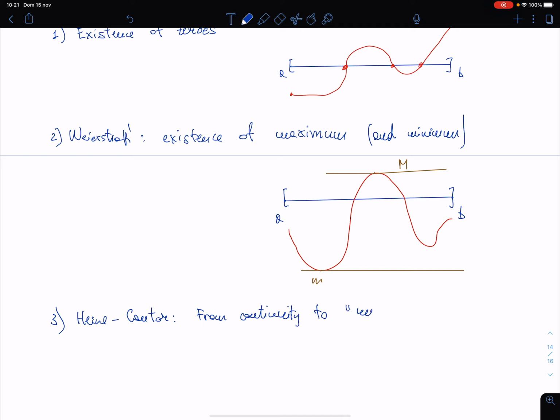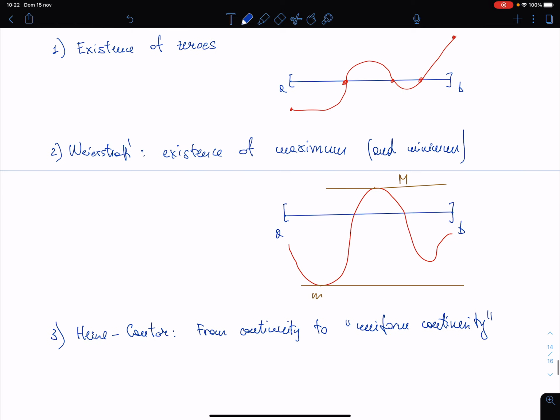What is uniform continuity? Of course, you don't know it. It is a stronger version of continuity, and this is useful from a theoretical point of view.